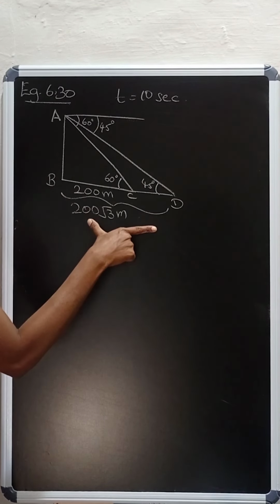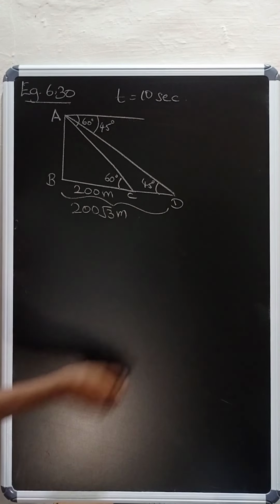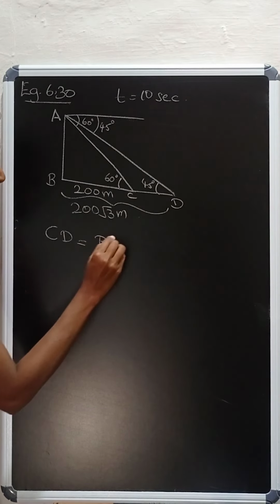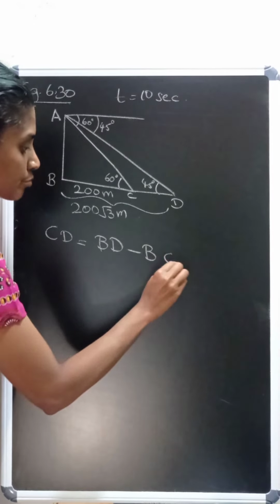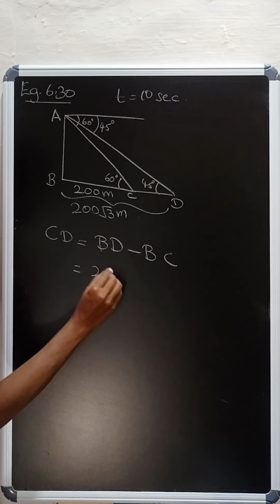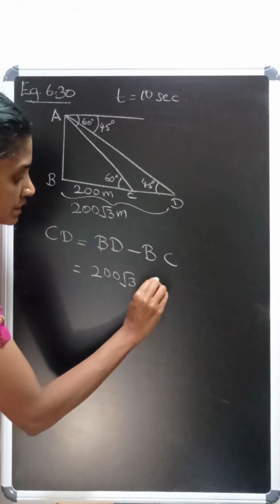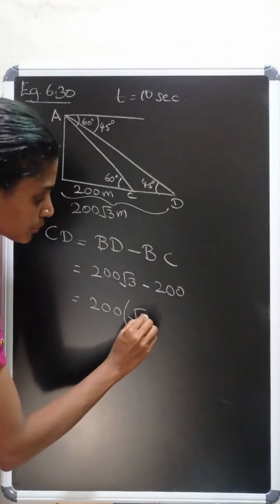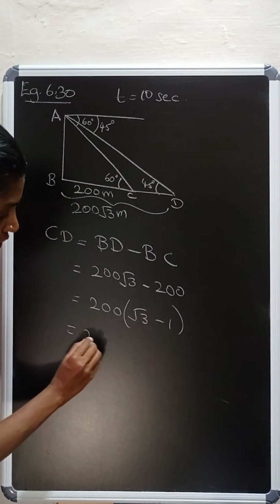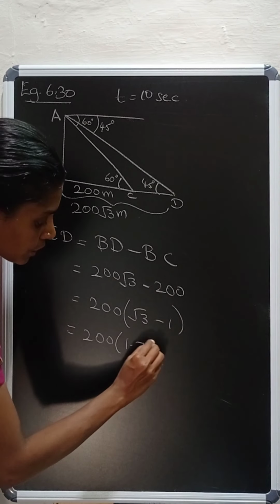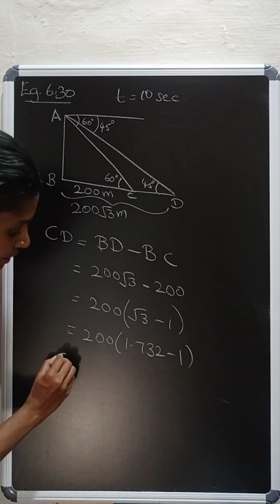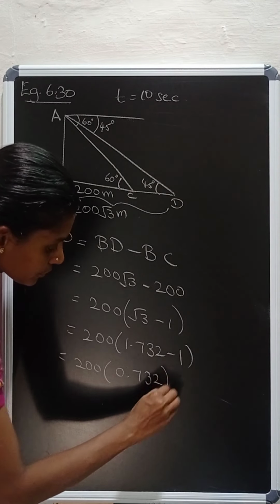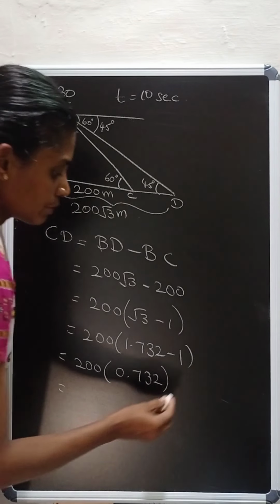See here, BD minus BC gives you the CD value. So CD is equal to BD minus BC. So BD value is 200 root 3 minus 200. Take 200 common out, root 3 minus 1, which is equal to 200 into 1.732 minus 1, 200 into 0.732, which is equal to, we will multiply.